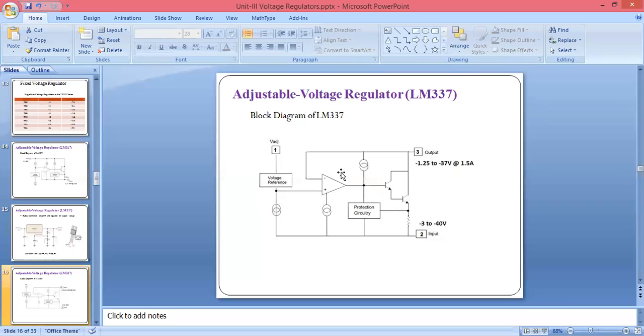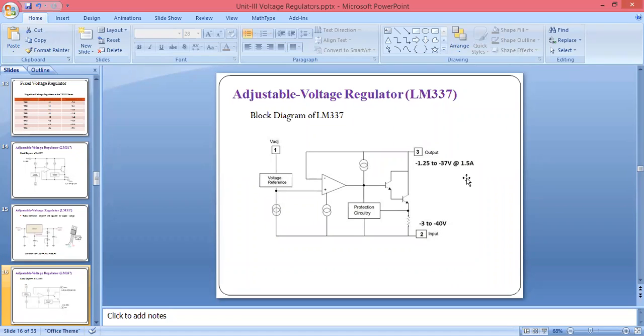If you see the LM337, it is also a variable or adjustable voltage regulator. Here it is exactly similar to the 317, but the only difference is that it takes input voltage that is negative. The range is also the same, 3 to 40, but here it will take minus 3 to minus 40 volt, and at the output it will give a voltage with a variable range.